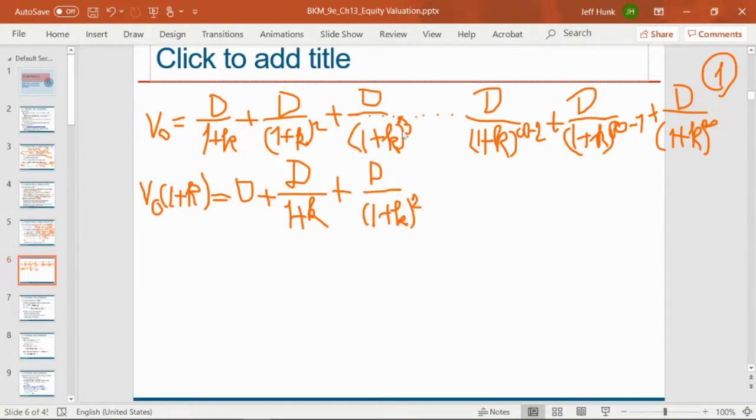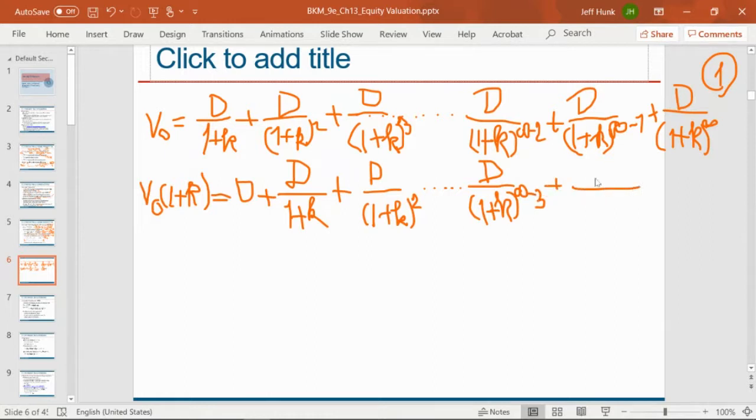And the term which had 1 plus k to the fourth will be 1 plus k to the third, and then this term will become (1 plus k) raised to infinity minus 3.